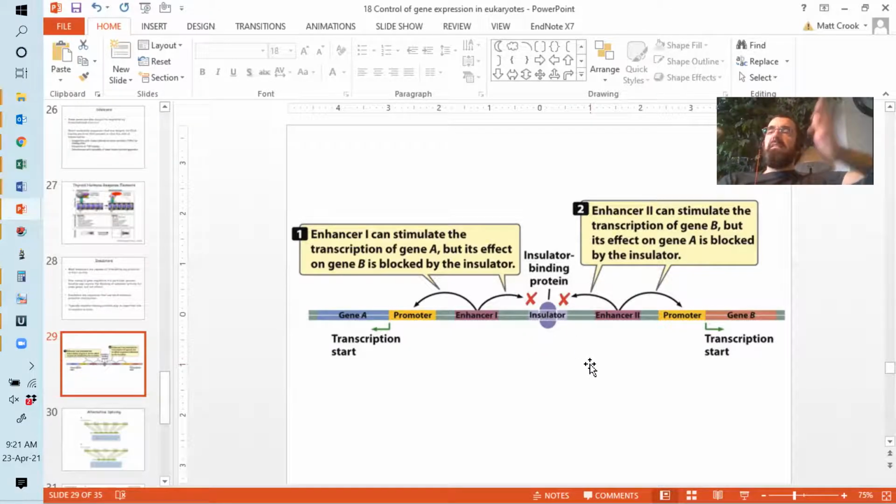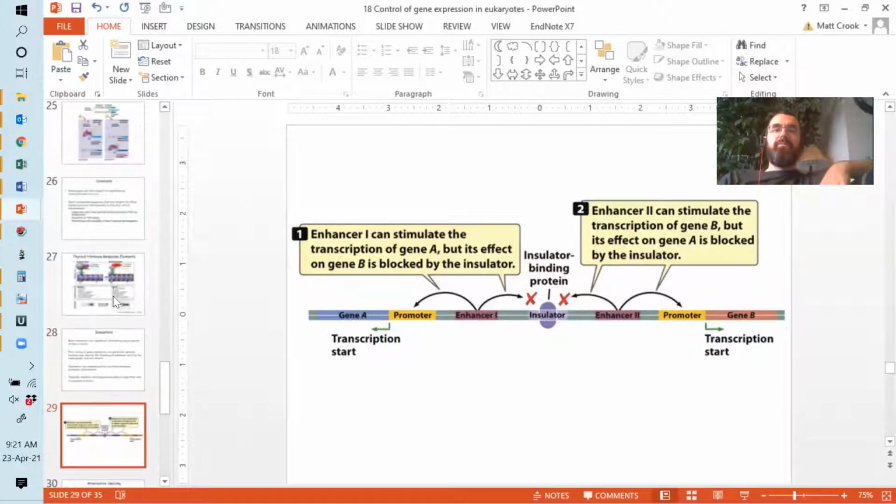So they prevent that DNA from bending around so that enhancer can activate an RNA polymerase here, but it can't activate an RNA polymerase over here, for example, right? So that's kind of typically how those insulators work.